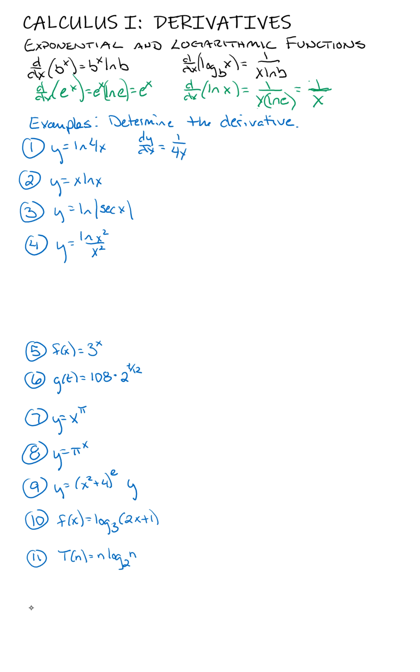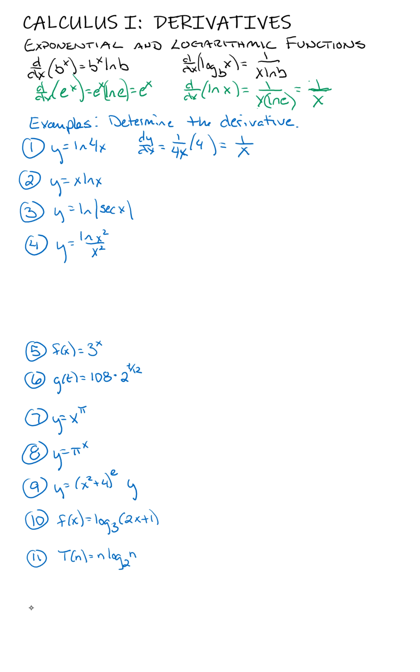And the chain rule now says I have to take the derivative of that inside bit. So the derivative of, again, the inside here is 4x. The derivative of 4x is 4. So we have 1 over 4x times 4. The 4's reduce, and notice we end up with just 1 over x. Pretty nice.